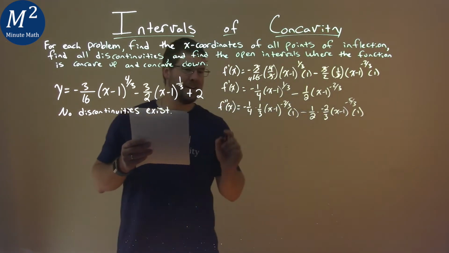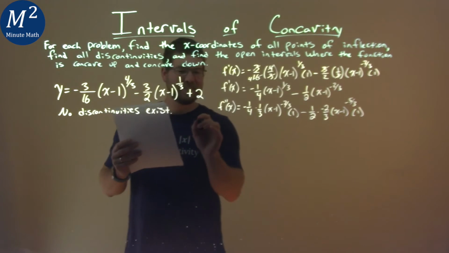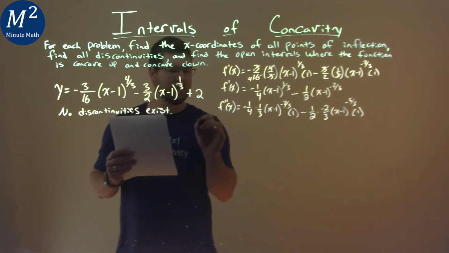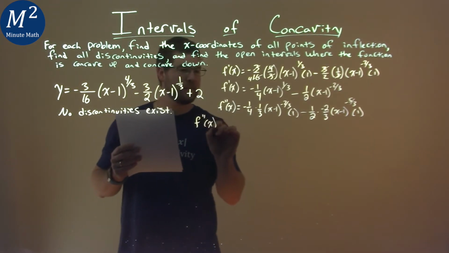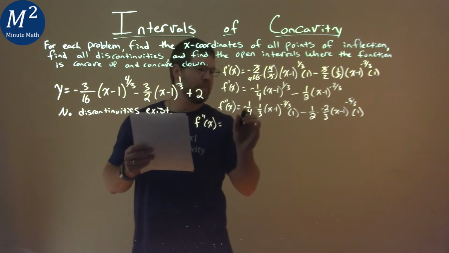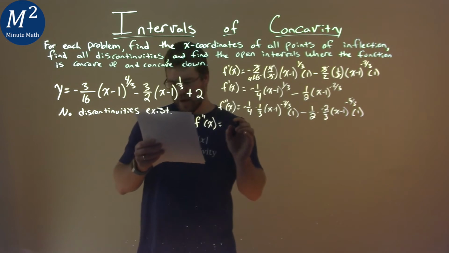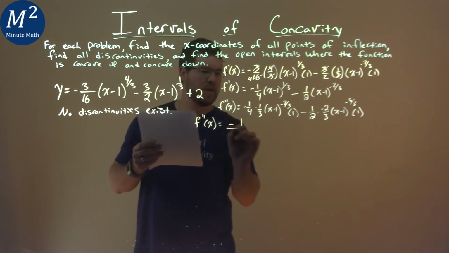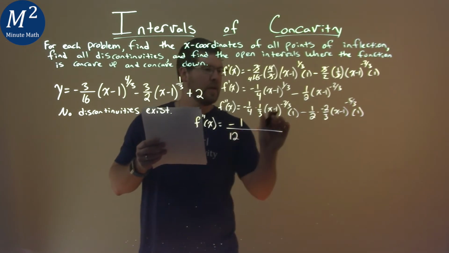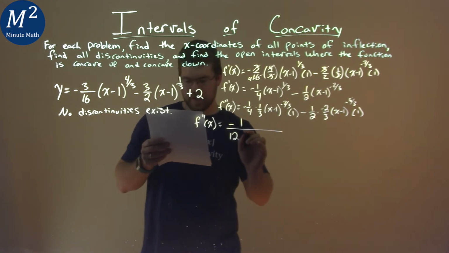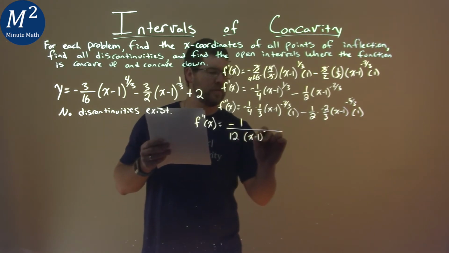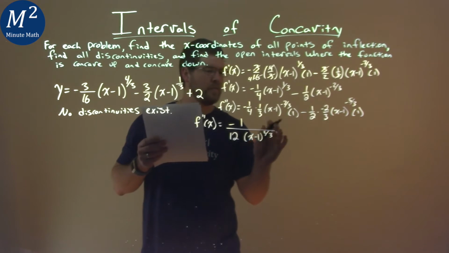Let's go simplify this where we can. I'm going to move over here so I have a little more room. F double prime of x here. Well, let's make this a fraction. Negative 1/4 and 1/3 is a negative 1/12, right? So we have a negative 1 in the numerator, and a 12 down here. I can bring this down to the denominator now, and we have (x minus 1) to the 2/3 power, a positive 2/3 power.